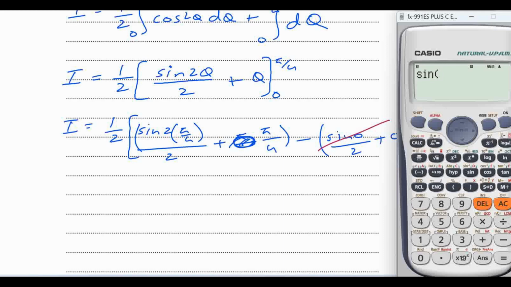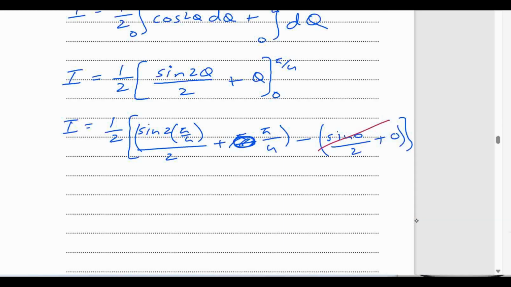So sine of pi by 4 divided by 2. So this will be 1 by 2. So we can write it as I is equals to 1 by 2 into 1 by 2 plus pi by 4.